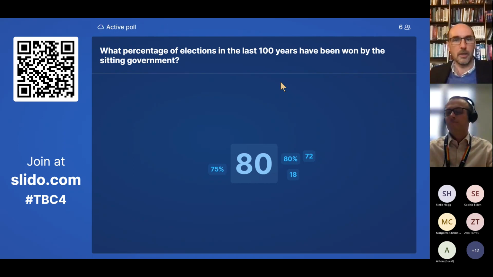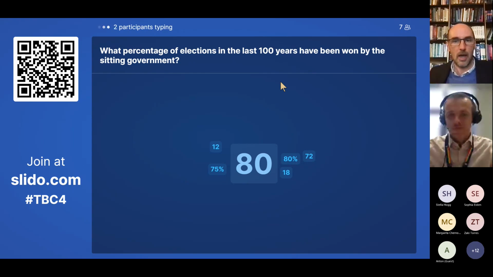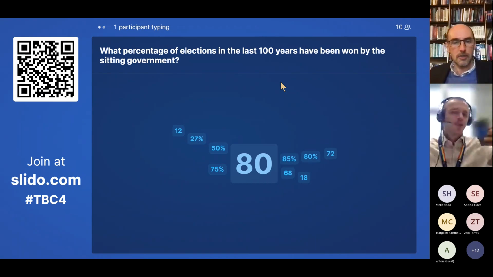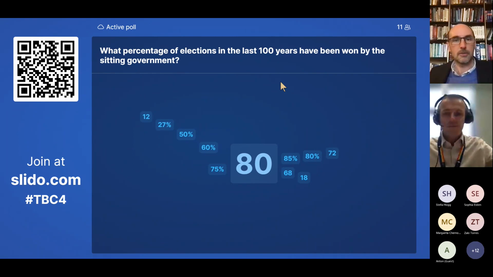So we've got some high numbers here, and some low numbers. So quite a range. 80, 72, 27%, 12%, 18%, 50%. So it's a real mix of answers we've got.